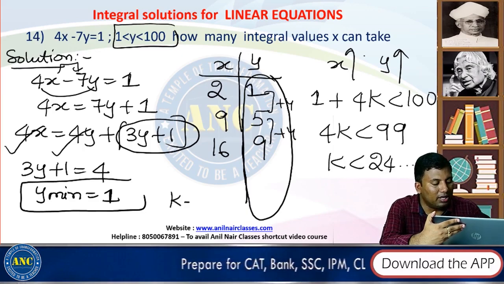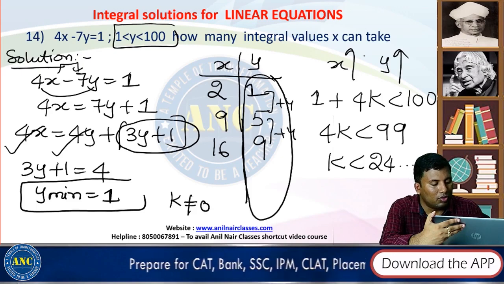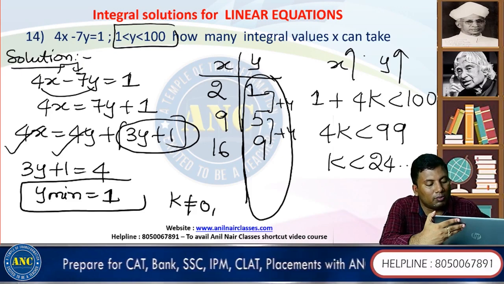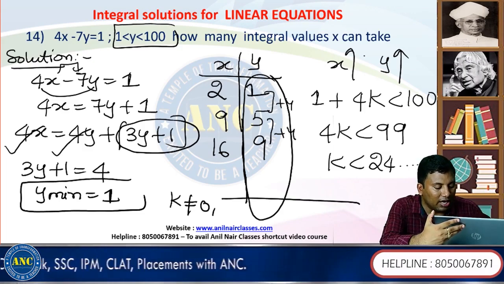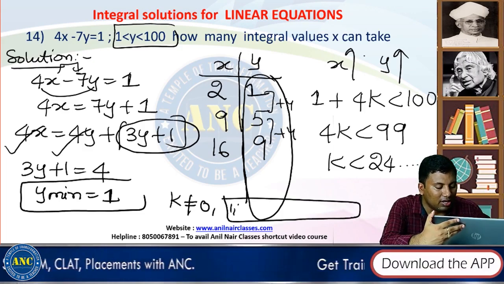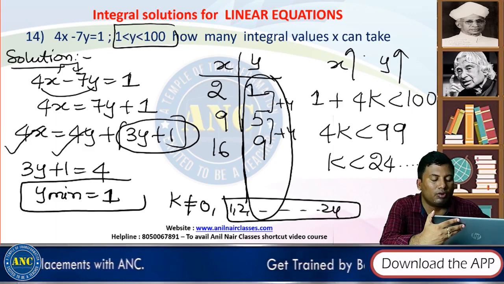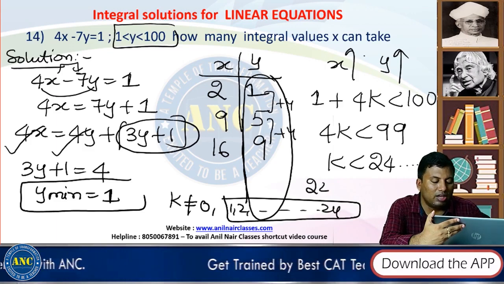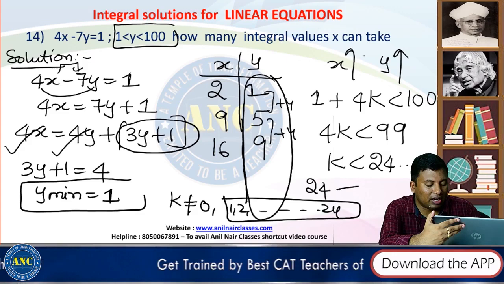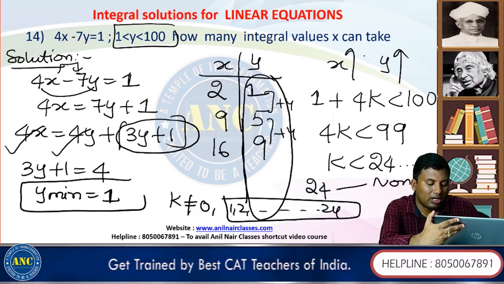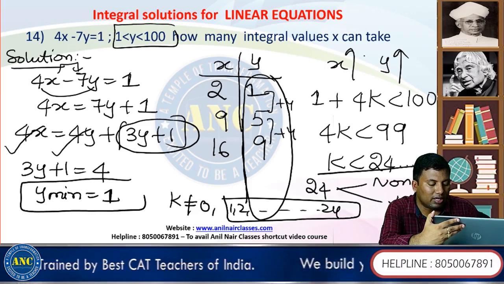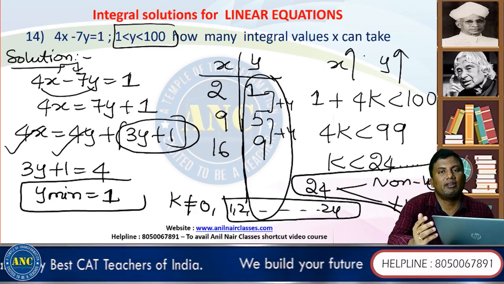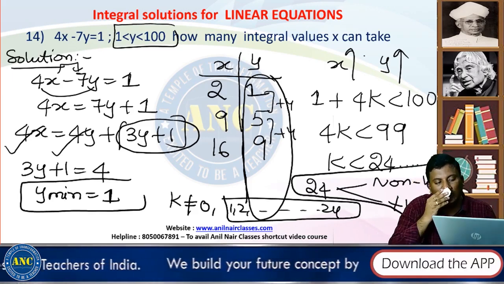K cannot be 0. Why? Because 4 into 0 plus 1 is 1, and y should be greater than 1. That means k can take all the values from 1 to 24. None of them is a factor of the right hand side. I will get 24 positive values.